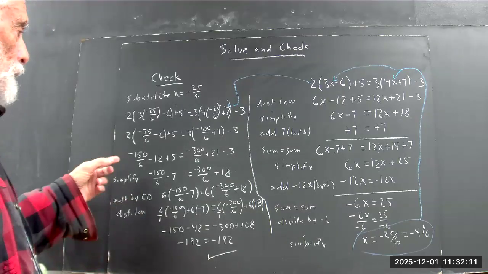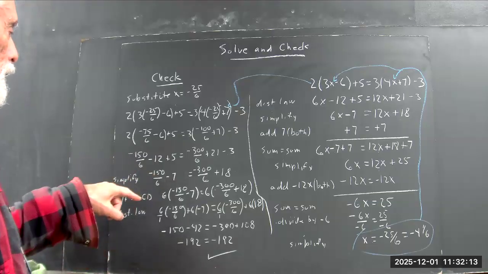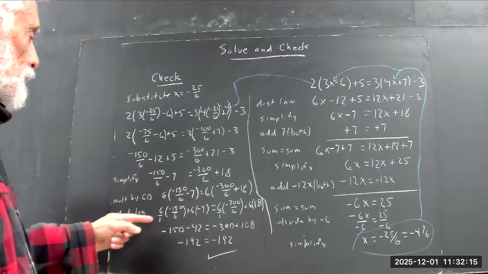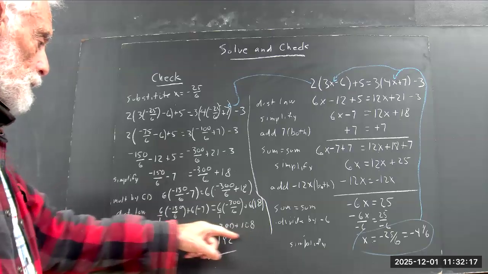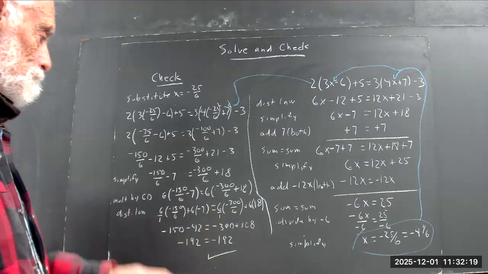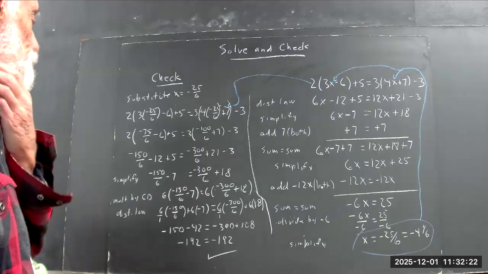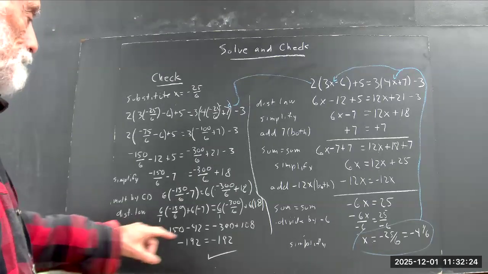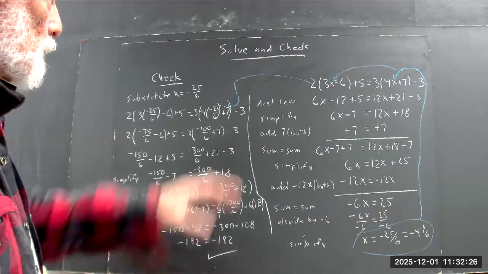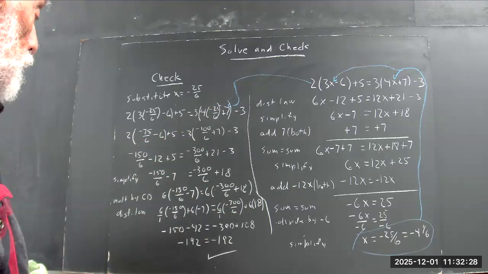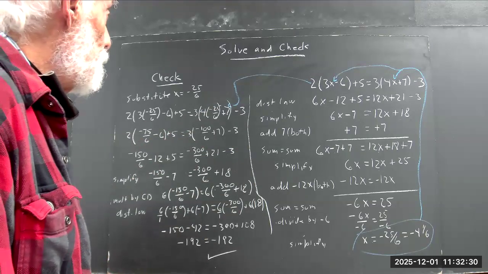However, again, I wanted to illustrate how multiplying by a common denominator clears out all your denominators, gives you just plain old simple expressions. And that works when you have a denominator and an equation as well.